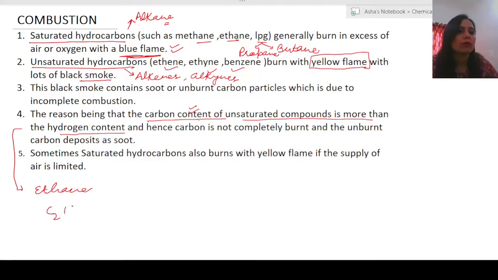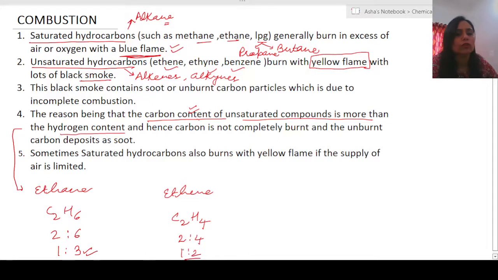Ethane is C2H6. And if I am writing here ethene, it is C2H4, right? Now here you can see that the ratio between the carbon and hydrogen is 2:6, that is 1:3. Here it is 2:4, that is 1:2 ratio.